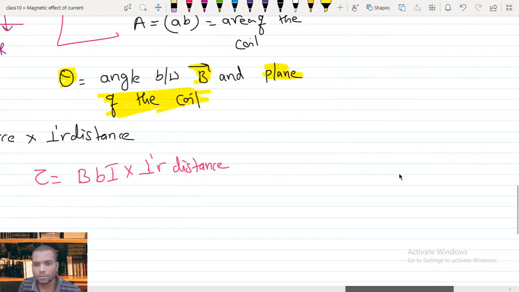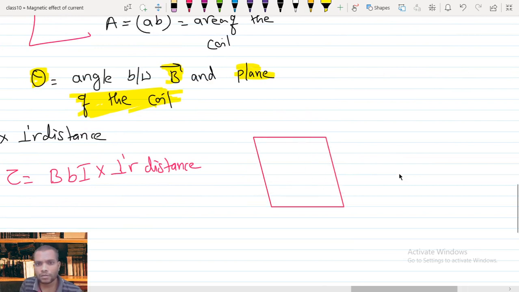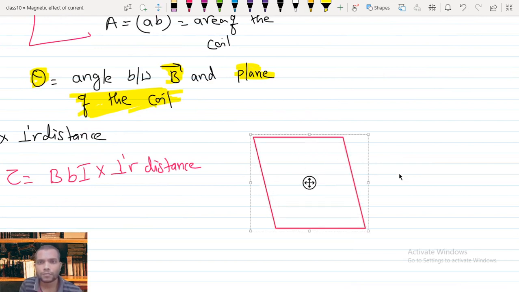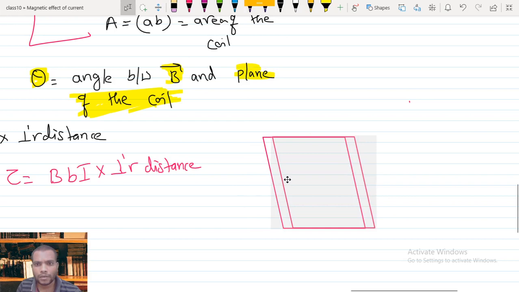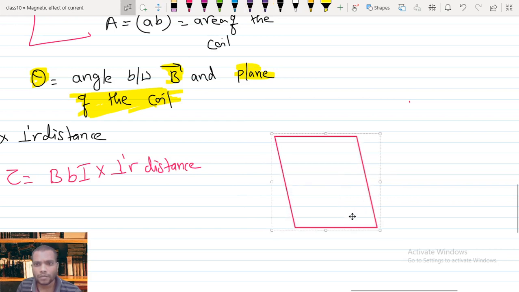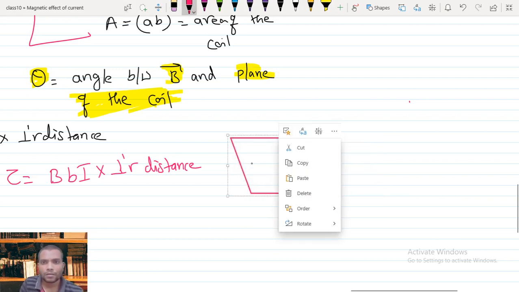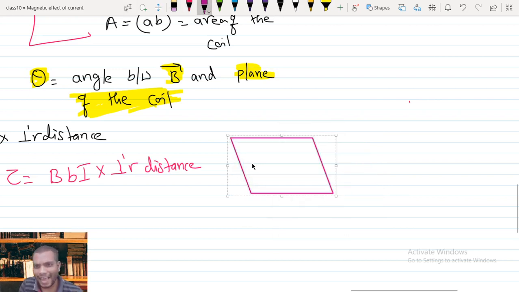Now we have the armature coil like this. When it rotates, this armature coil will change its shape, meaning it makes an angle.